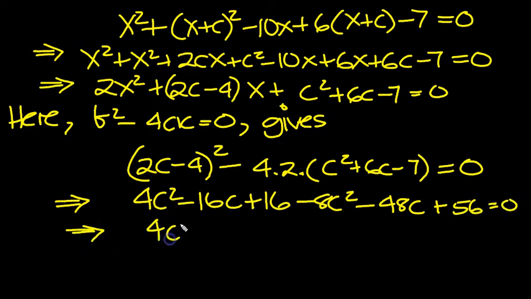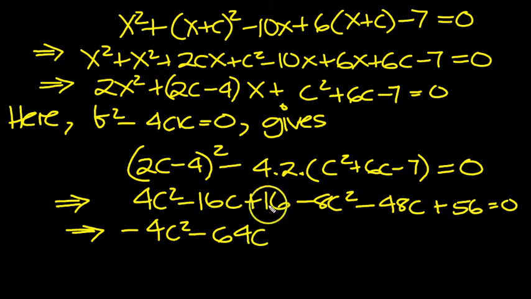We get 4c squareds here. Minus 8c squareds here is minus 4c squareds. Then we've got minus 16c minus 48c is minus 64c. That's the c terms.